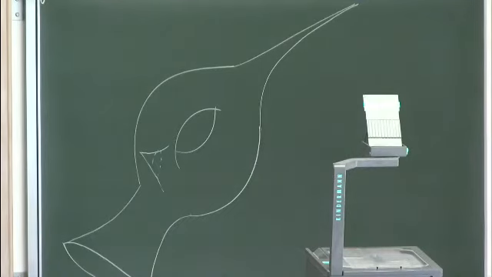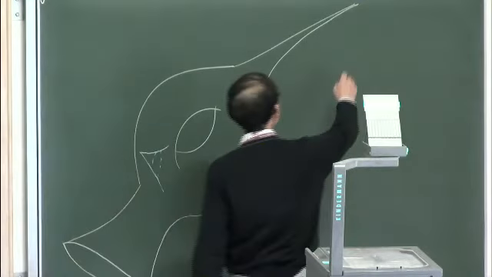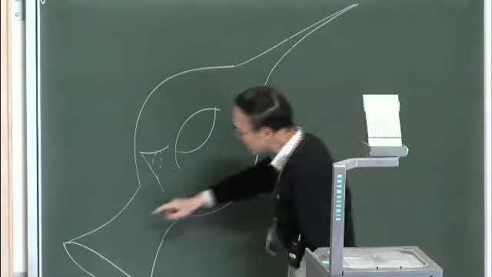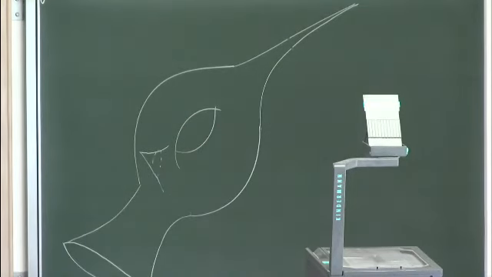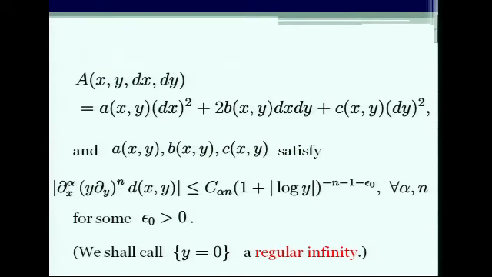So we have two ends. This is a cusp part, and this is a small perturbation of the regular ends. This is the ends of our manifold. And the perturbation decays like in this way. So this is a short range perturbation because log y is a geodesic distance.